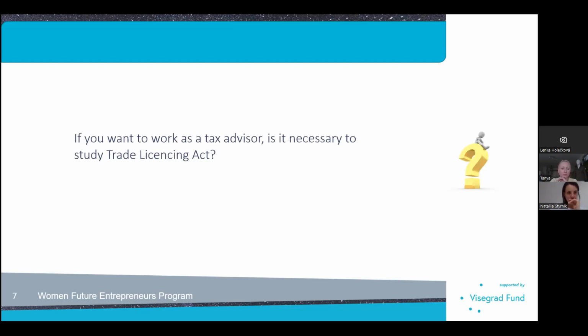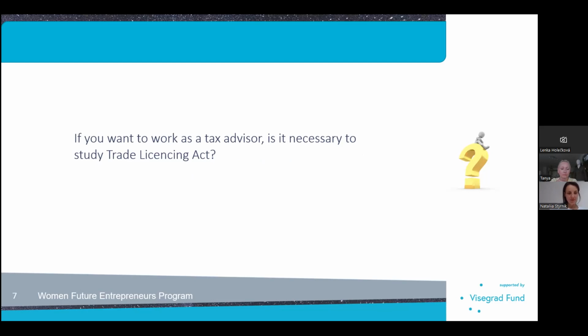If you want to work as a tax advisor, is it necessary to study the Trade Licensing Act? What do you think about this question? Of course, it's fine to know something about the Trade Licensing Act.